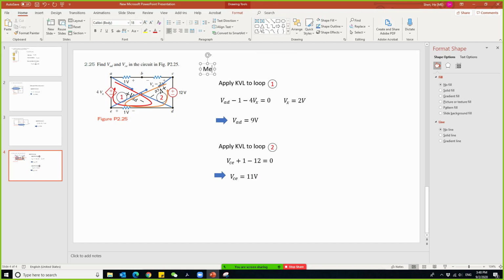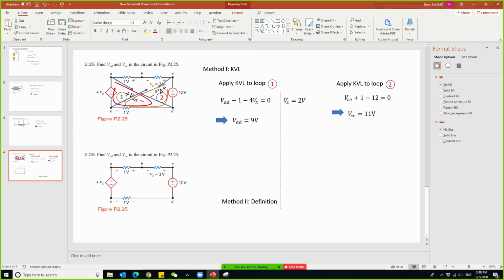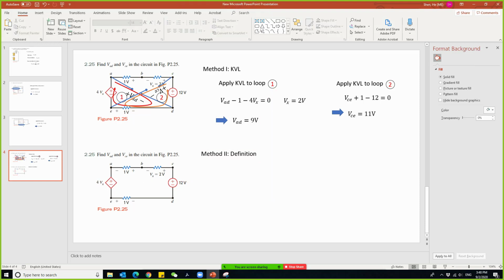Let's call this method 1, where we use KVL. For the second method, I'm going to use the definition to find VAD. We know that the definition of VAD is the voltage difference between A and D. We can find that voltage difference by following any path. There's one path over here, there's another path down there.